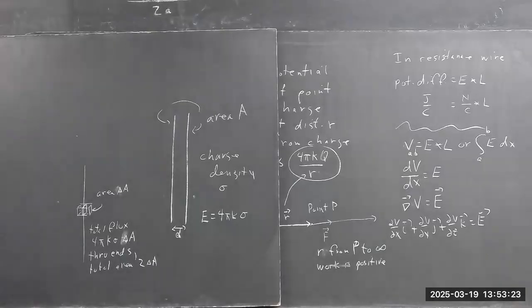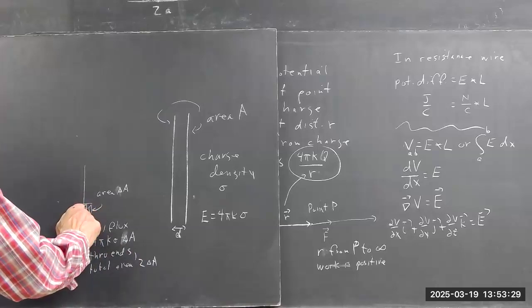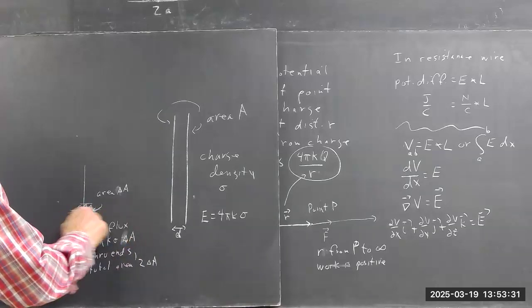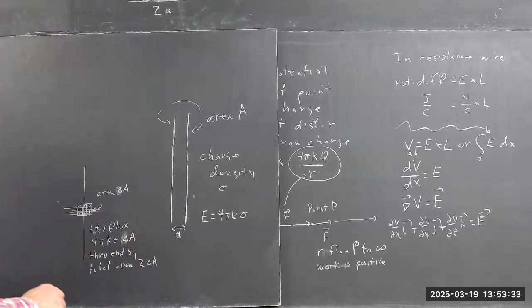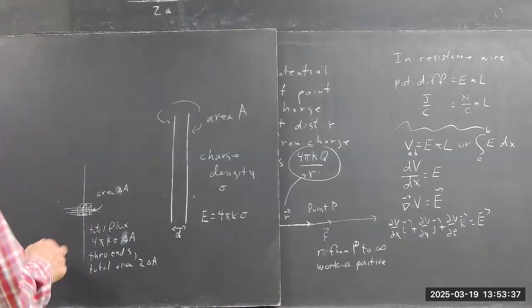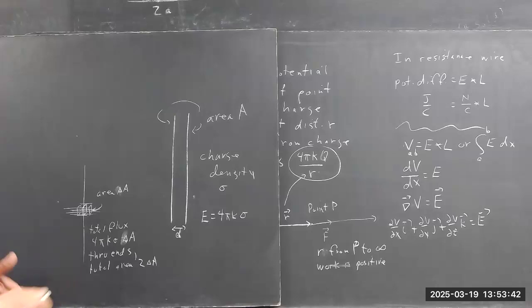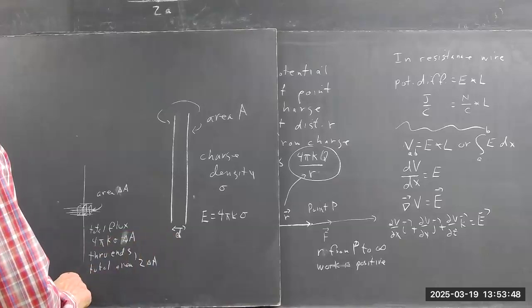That's your total flux through the ends, so that's the total area from which the flux emanates. Here are your field lines, parallel to the perpendicular surface. You've got area 2 delta A for the field to exit. Make sense? Okay, so total area is 2 delta A.